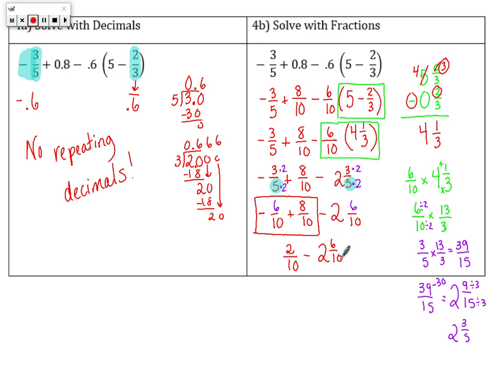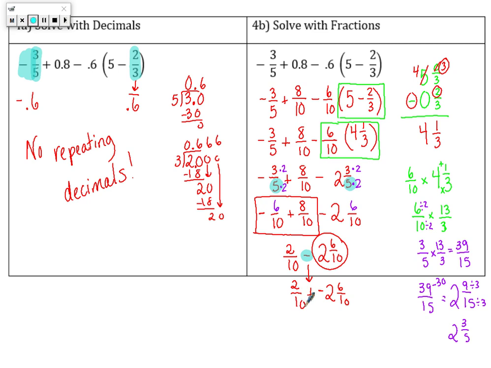Okay, this one is a little interesting. Since this is a tiny number minus a bigger number, we're going to want to use our additive inverse to help us. We will change this to a plus and change this number to its opposite. So it's now a negative 2 and 6 tenths with a positive 2 tenths over here.